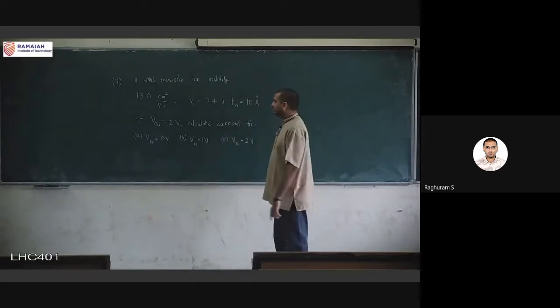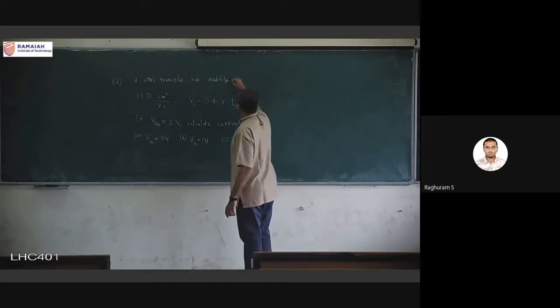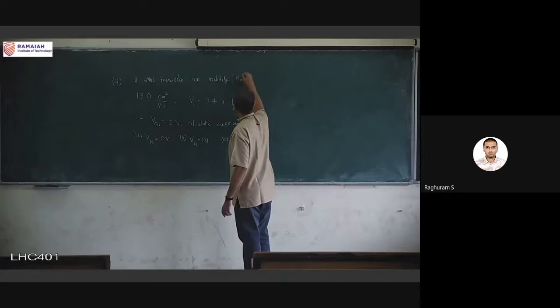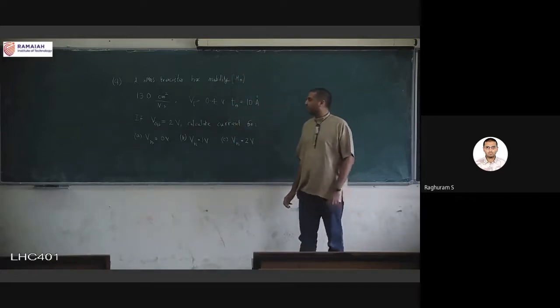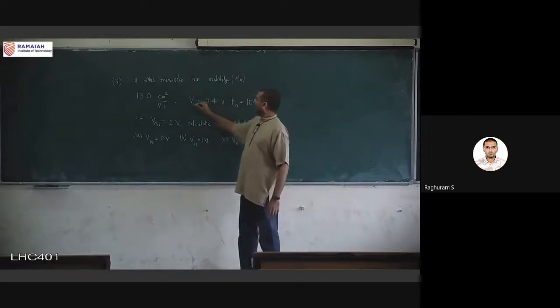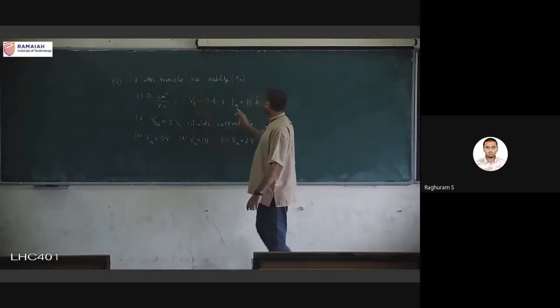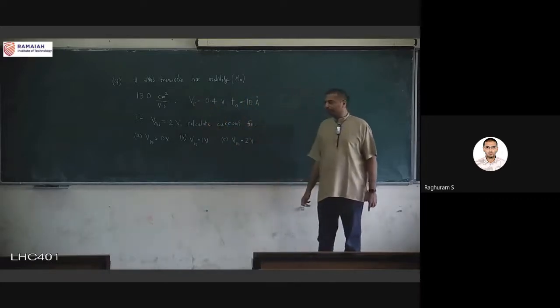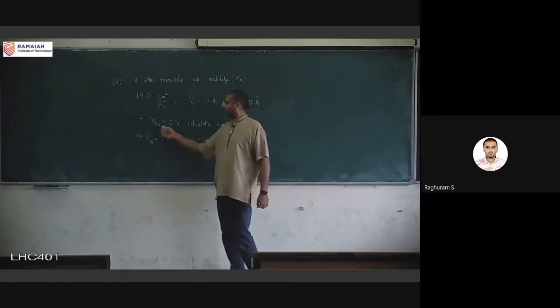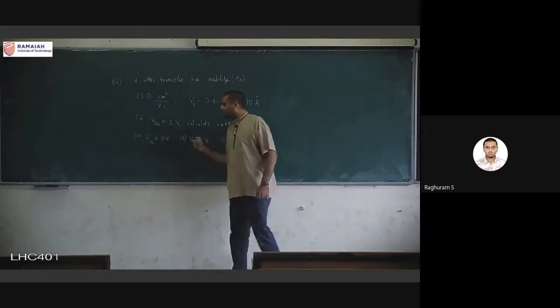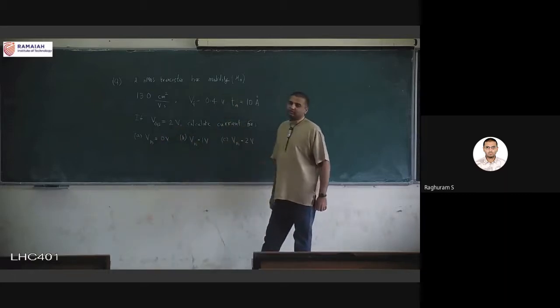Since it is an NMOS transistor, this mobility is nothing but mu n. Mu n is the mobility of the electrons in the transistor. Threshold voltage is given as 0.4 volts, and Tox is given as 10 angstrom. And this is a situation where the gate source voltage is fixed at 2 volts, and we want to calculate the current for three different values of drain source voltage.